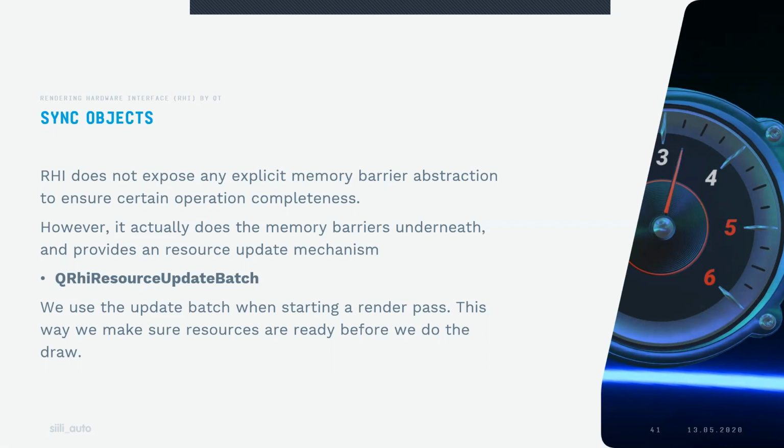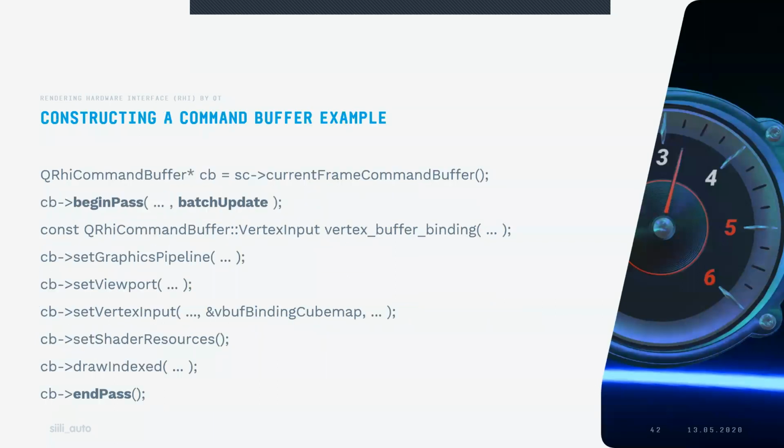But for RHI, they decided it is enough to have an object that collects everything that has to be ready before actually starting the rendering. So you have this RHI resource update batch object, which you later pass to the begin pass function in the rendering loop.